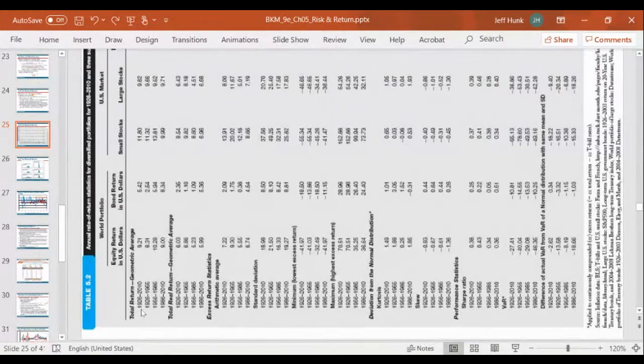The overall entire period, 1926 through 2010, and then 1926 through 1955, 1956 through 1985, and 1986 through 2010.